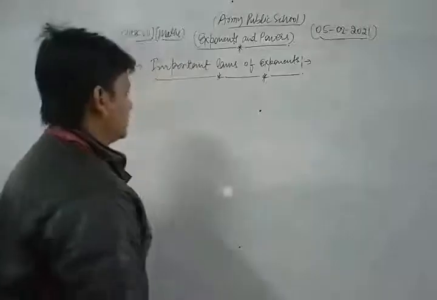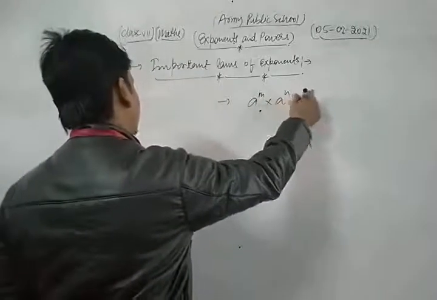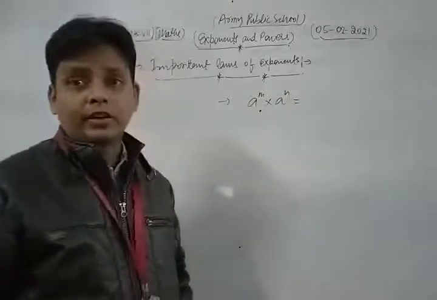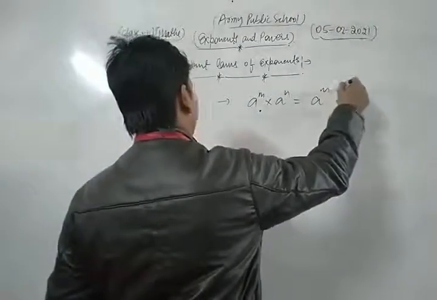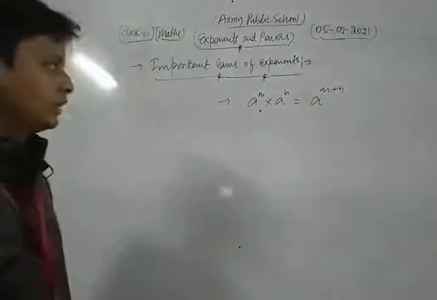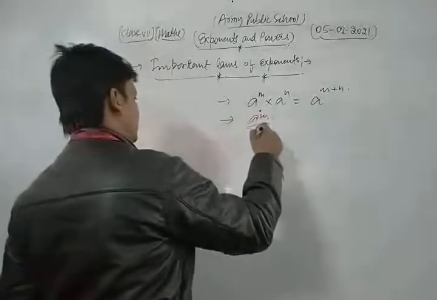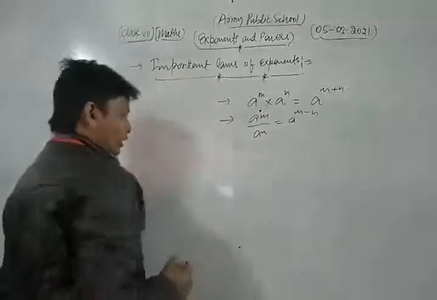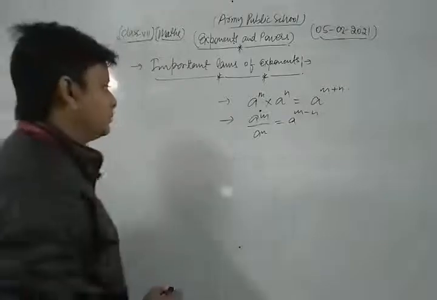The first one is a to the power m into a to the power n. If the bases are the same and the powers are different, then we write it as a to the power m plus n. The second one: if we write a to the power m upon a to the power n, then we get a to the power m minus n. This is also a very important law of exponents.